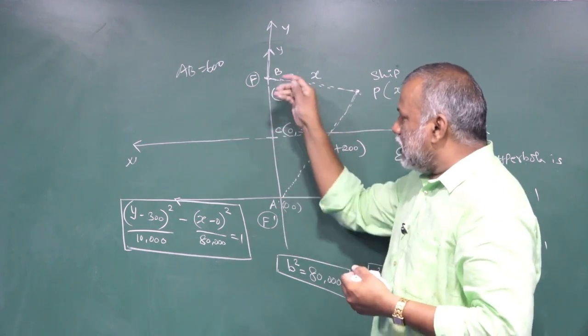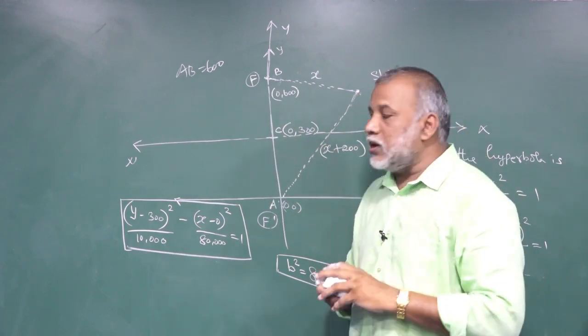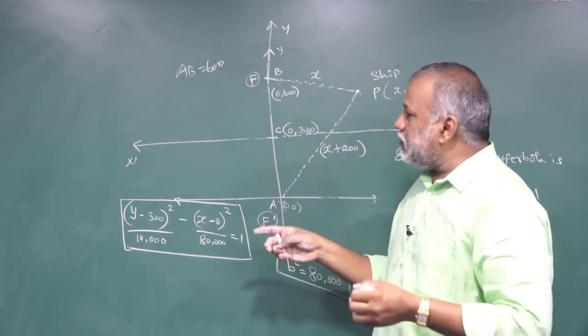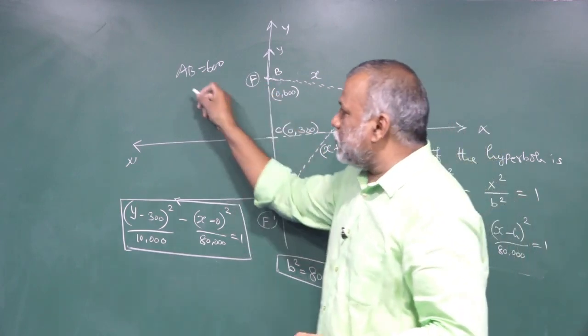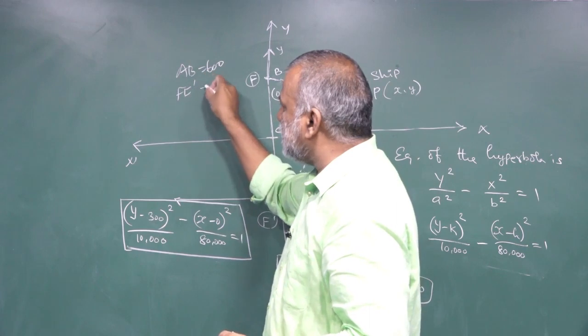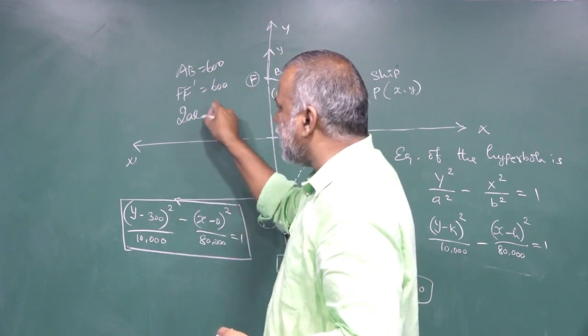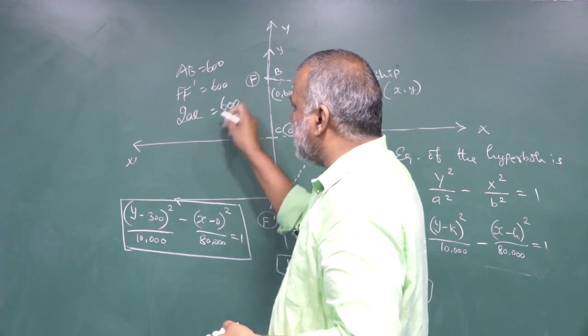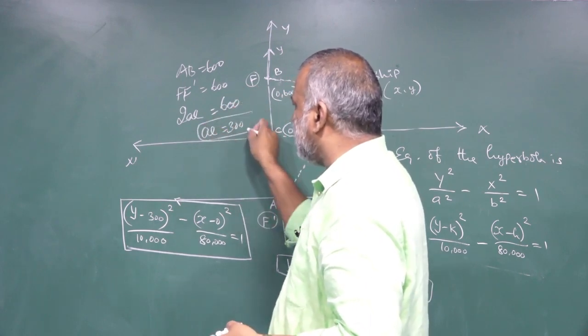From this, these 2 points A and A dash are considered to be two foci, say F and F dash. From this, FF dash is considered to be 2 times AE. Therefore, FF dash is nothing but 600. So FF dash is nothing but 2 times AE equal to 600. Therefore, we can say AE equal to 300. That is the first information.